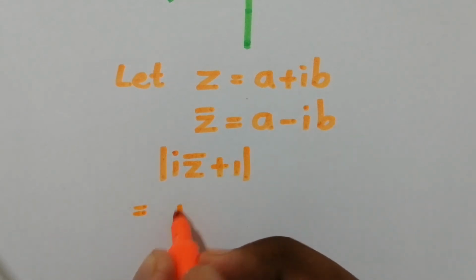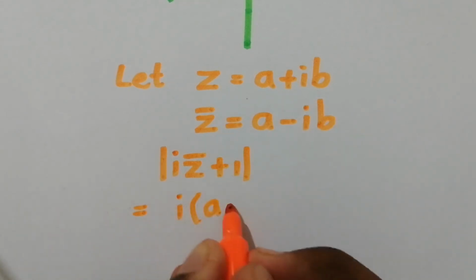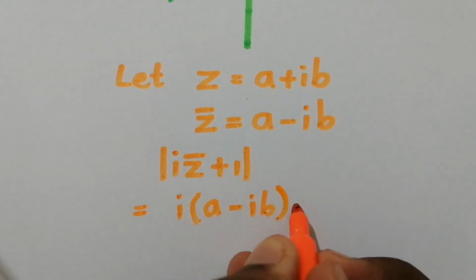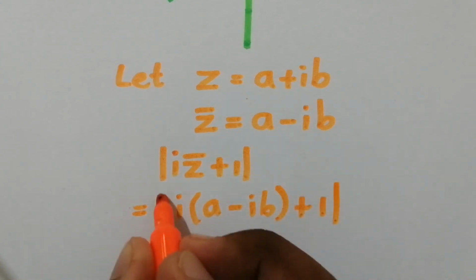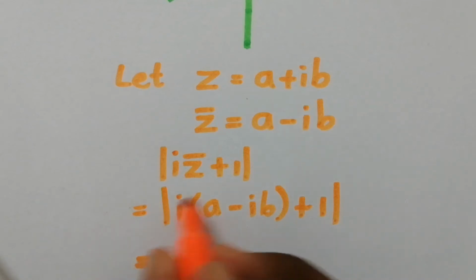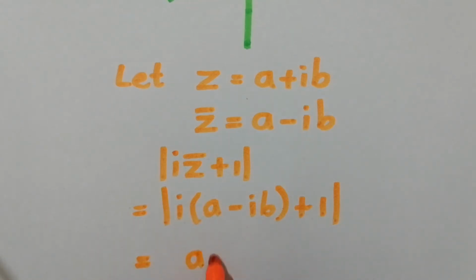You can write it as the modulus of i(a minus ib) plus 1. And here ia is ia, and minus i squared b, i squared is minus 1, then it is equal to plus b plus 1.